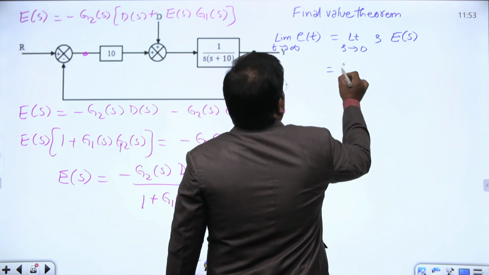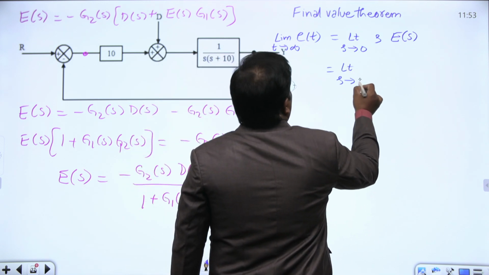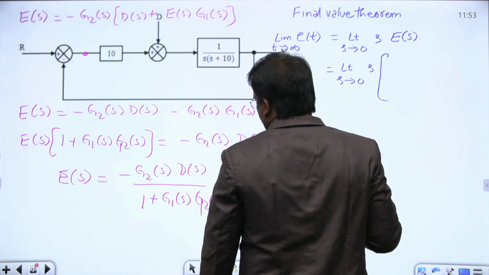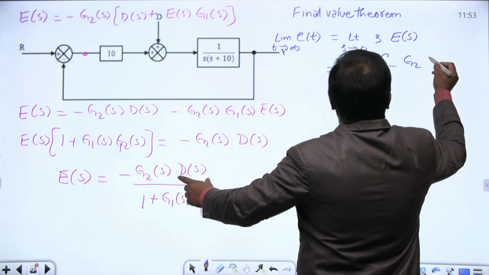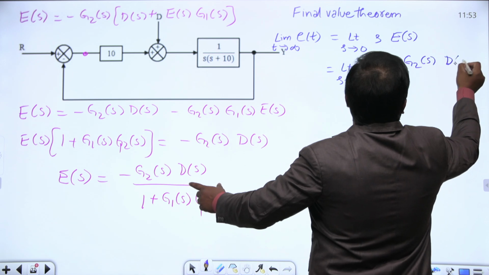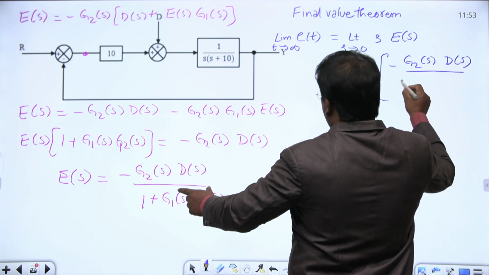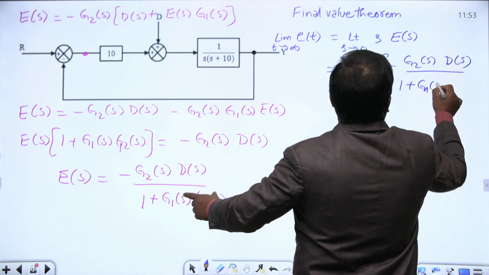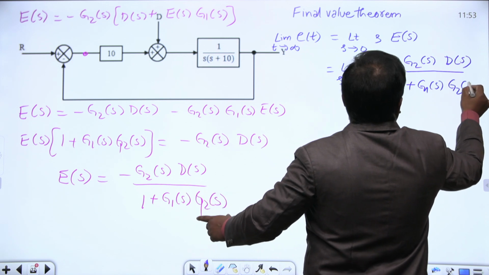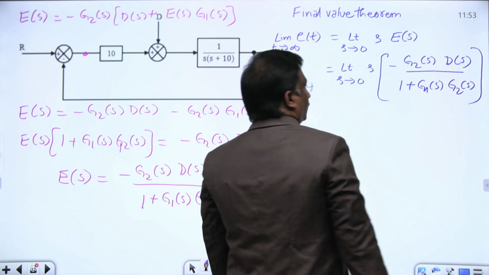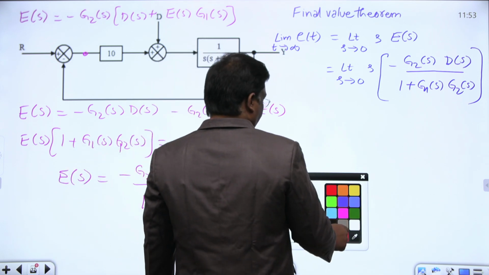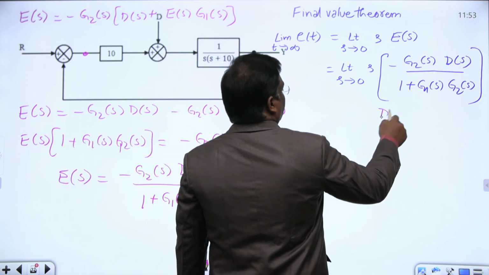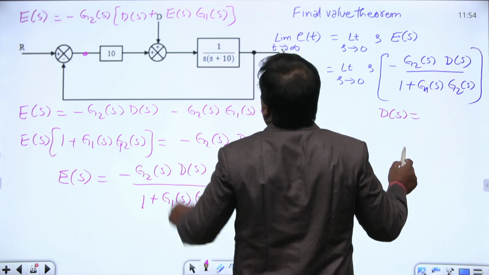This is the limit as s tends to 0 of s into E of s. What is E of s given here? We got minus G2 of s, D of s divided by 1 plus G1 of s, G2 of s. And what is D of s here? Unit step, D of t equal to unit step u of t.